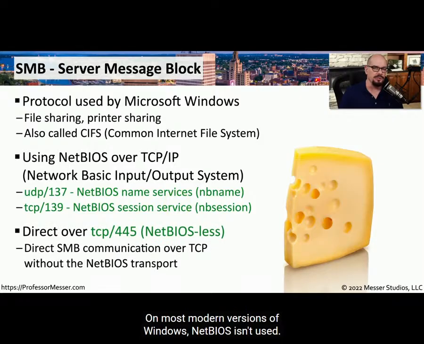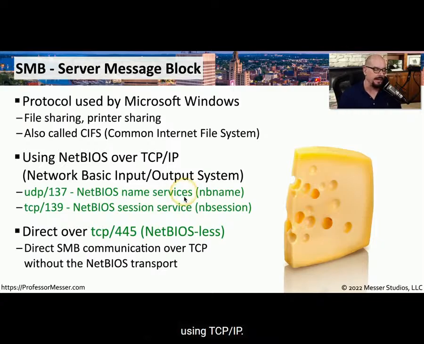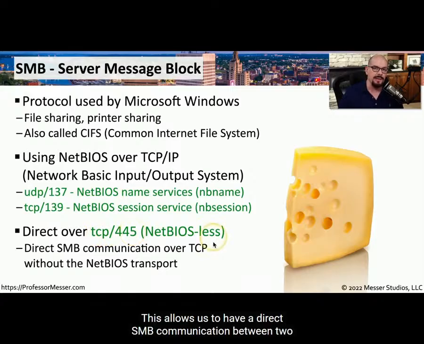On most modern versions of Windows, NetBIOS isn't used. Devices can communicate directly between each other using TCP/IP. In those cases, it would use a direct SMB connection using TCP port 445. This allows us to have a direct SMB communication between two devices by using only TCP/IP.